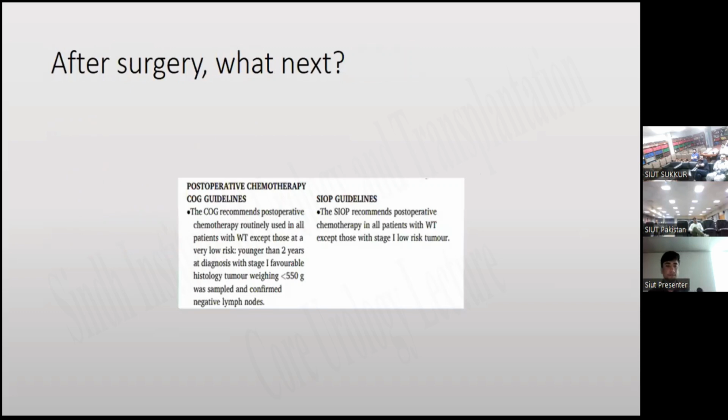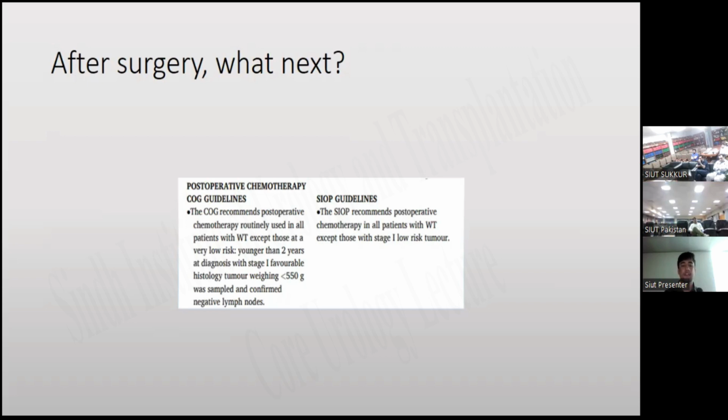So after surgery, we need to give the patient adjuvant chemotherapy or radiation therapy if there are metastases in the chest. So adjuvant chemotherapy, what are the COG guidelines? It recommends post-operative chemotherapy routinely in all patients with Wilms tumor, except those with very low risk, that have a high component of necrosis, younger than 2 years at diagnosis with stage 1, favorable tumor histology, tumor weight less than 550 grams, and confirmed negative lymph nodes.